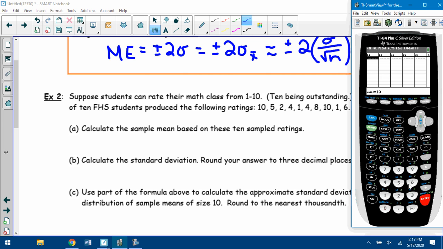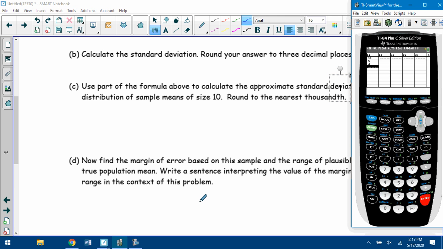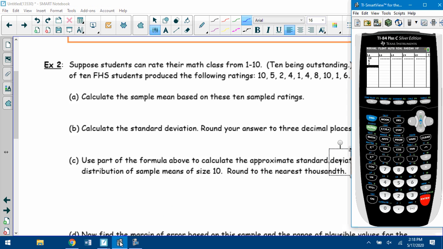We've got 10, 5, 2, 4, 1, 4, 8, 10, oops, just clicked off. Okay, 10, 5, 2, where'd all these numbers go? Okay, 4.